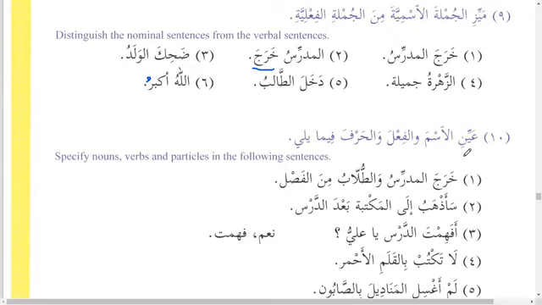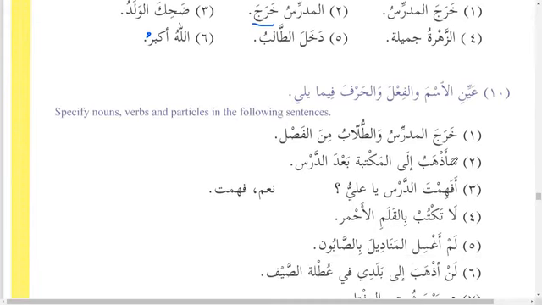Ayyin, and la tu'ayyin. The one who specifies, we will say mu'ayyin, and the thing that has been specified will be mu'ayyanun. Now we have reached where you will inshallah start enjoying it. Ayyin al-isma wal-fi'la wal-harfa fima yali. So we have to specify the verbs and the particles and the nouns as well.